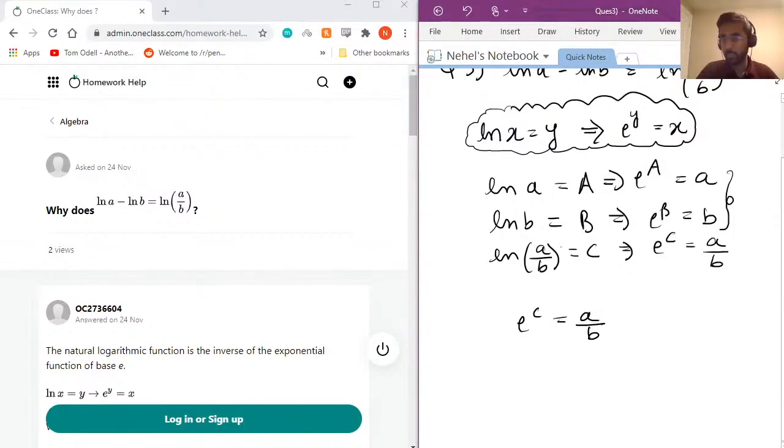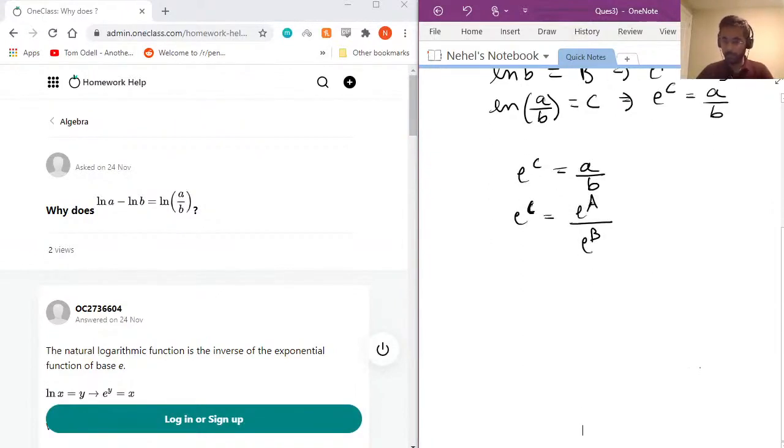So we can substitute small a and small b into this. We get e to the C is equal to e to the A, which is a, over e to the B, which is b. Okay, so far so good. I hope you're following along.